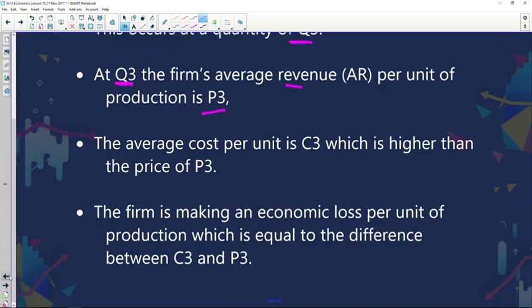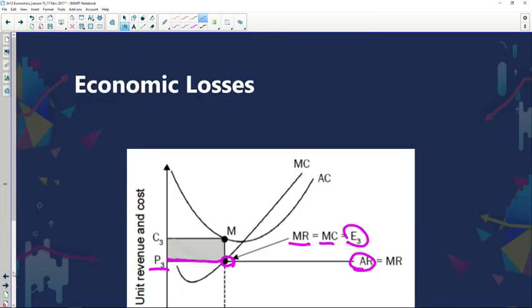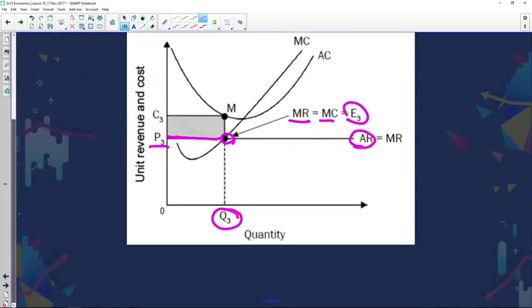So the average cost per unit is C3, which is higher than the price of P3. Remember, when we were discussing the economic profits, the focus now is the economic losses. You will see that we have our market price over here, but the cost per unit, C3, is above the market price.